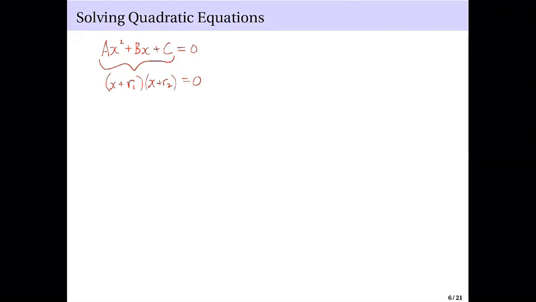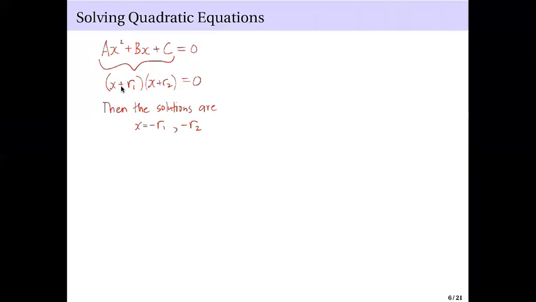Okay? And once you are able to factor this equation into this form, then the solutions are x equals negative r1 and negative r2.